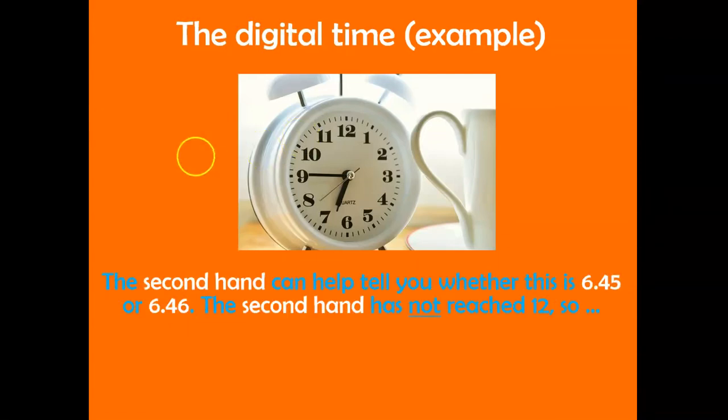The second hand, that's this one, which is between the small hand and the big hand, can help tell you whether this is 6:45 or 6:46. The second hand has not reached 12, so what's the time?